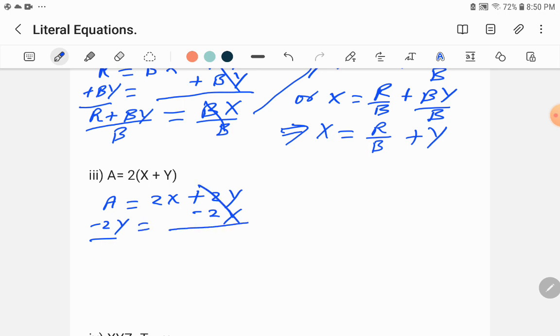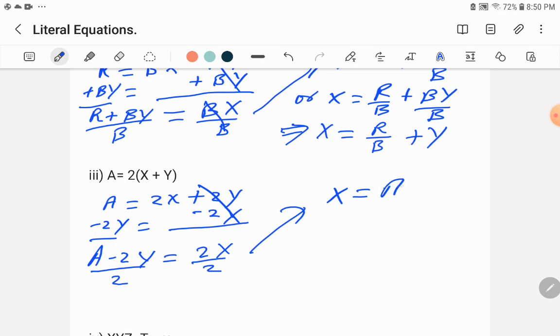So here we have a minus 2y equal to 2x. And once again, divide by 2. So here, again, we have x is equal to a minus 2y over 2.